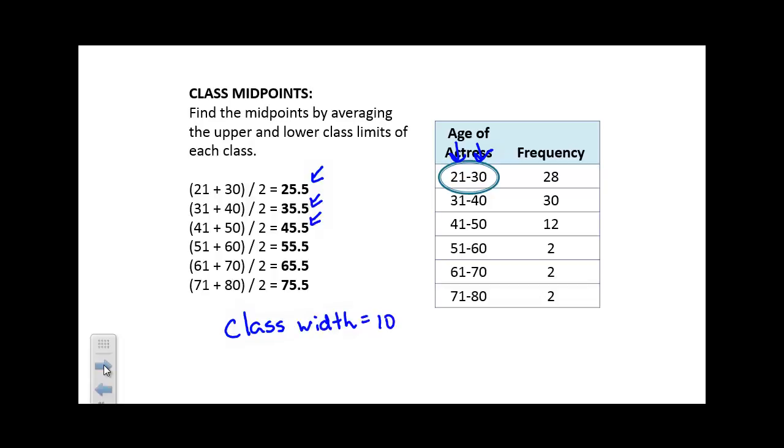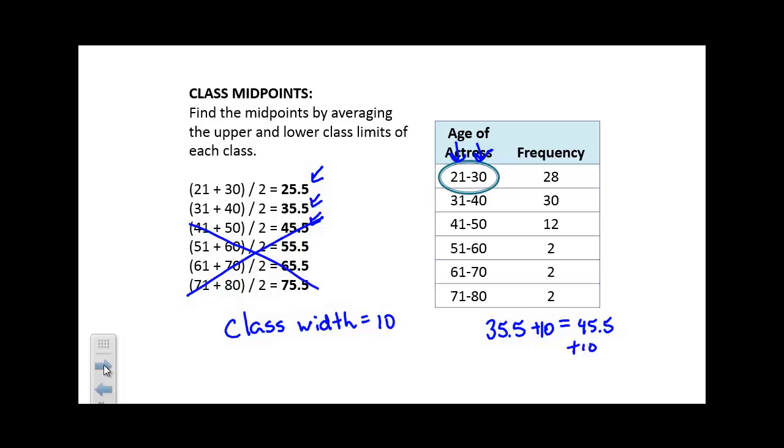Remember, we had a class width from the previous slide of 10. That means maybe you don't want to do all the work for the last 4 classes. You find the first 2. You go 25.5. The next one's 35.5. Oh yeah, I had a class width of 10. So 35.5 plus 10, there's 45.5. There's my third class midpoint.